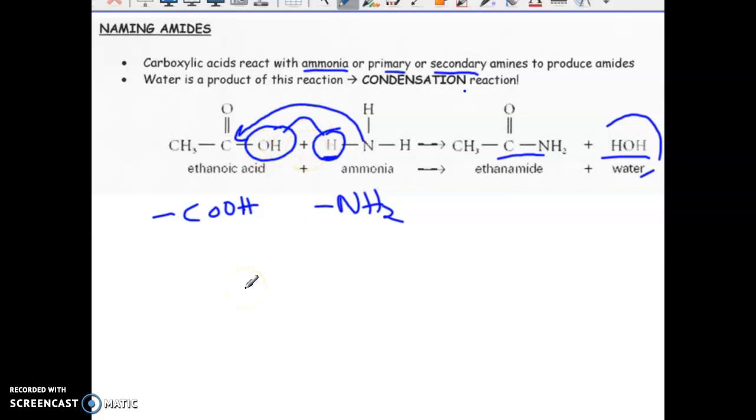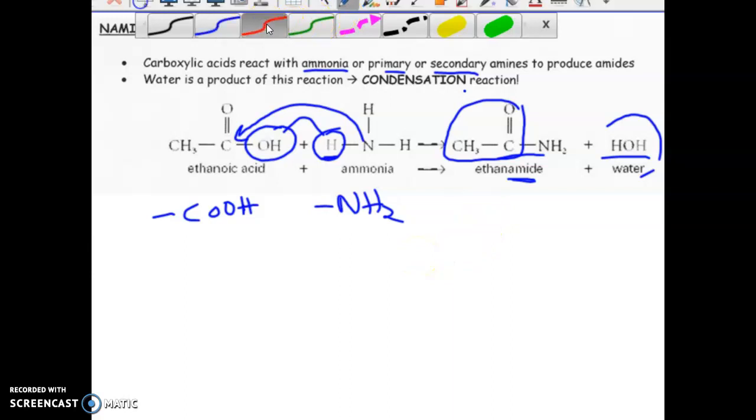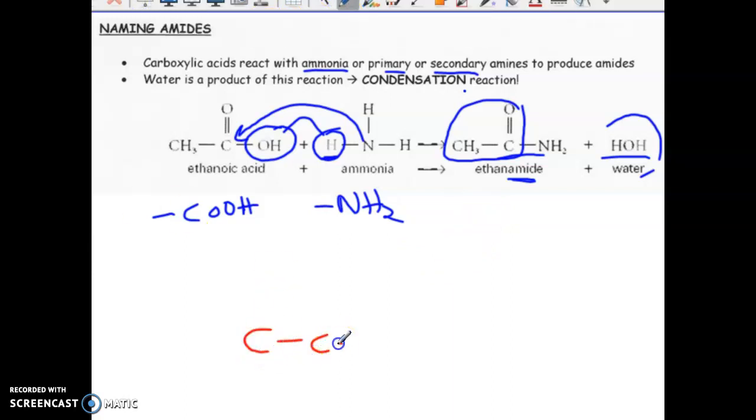So for naming them, the parent name is amide. And then, of course, just like when you had an ester, the parent is always the portion where you have the C double bond O. Okay, so let's say we had something that's larger, and I'm going to have something on this nitrogen group.